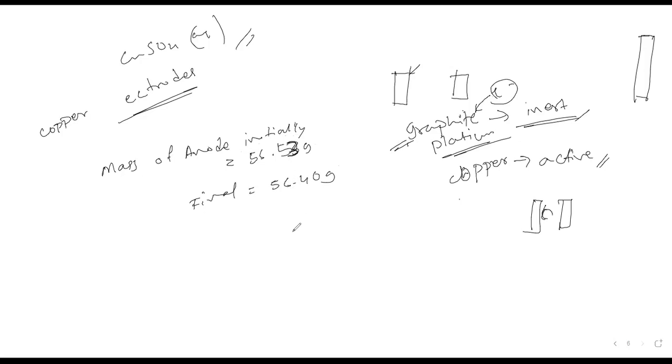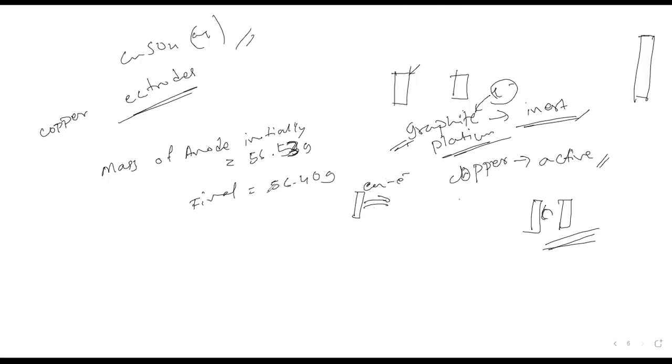The mass actually decreases. So obviously that means this concept is actually working. From the anode, the copper is discharging. The Cu is losing electrons in order to form ions, which go into the solution, thus reducing the mass of the anode.